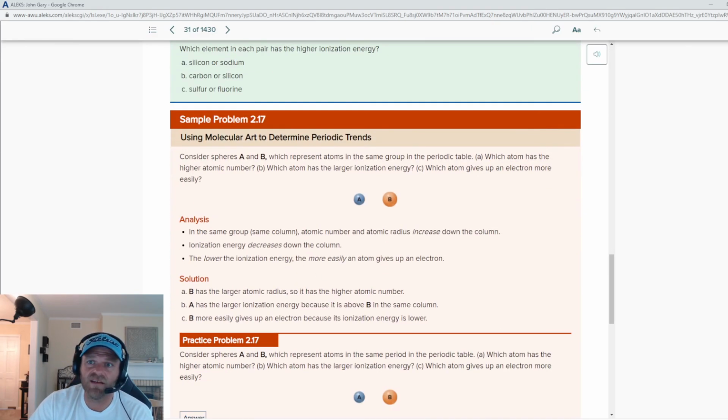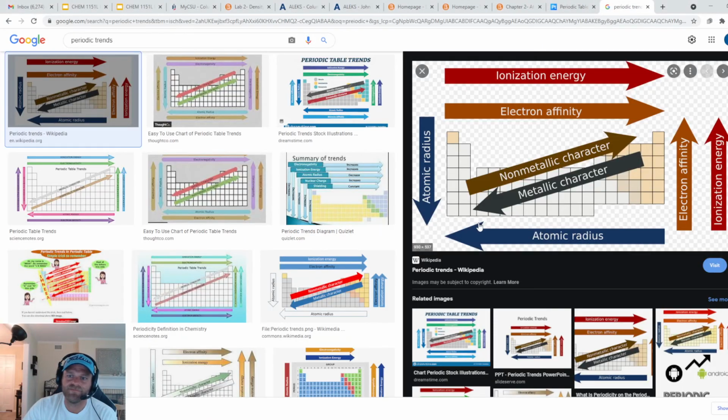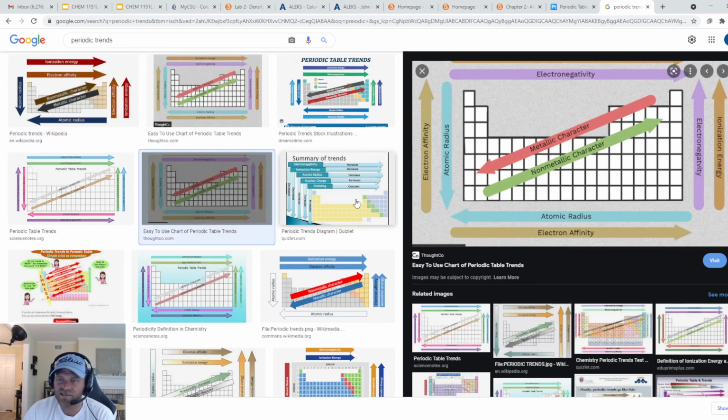But you'll see, on the internet, when I looked it up, there were several other different trends: metallic character, electron affinity. Electron affinity is really similar to ionization energy, so maybe that's why they didn't cover it that way. And atomic radius. You can look over some more of these. I will not ask anything that's not in the text.